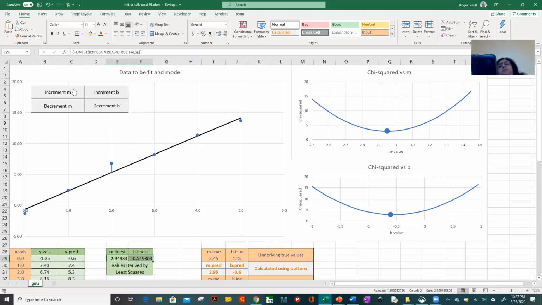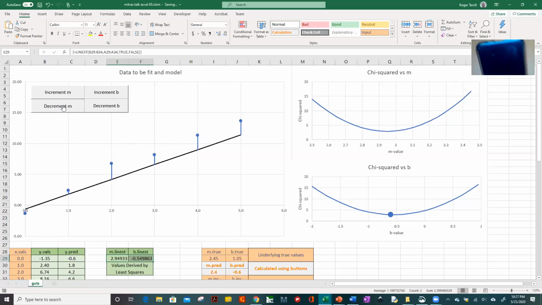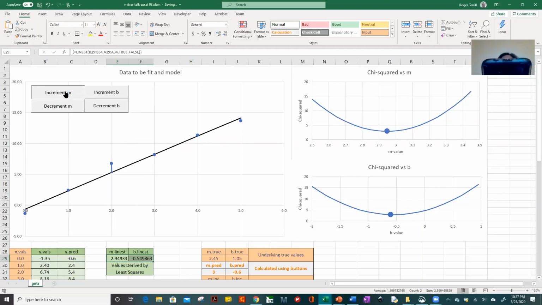And then similarly with m values, that there's an optimum value of m for that fit.